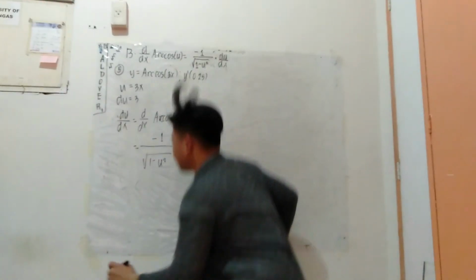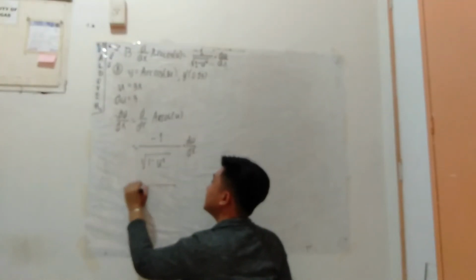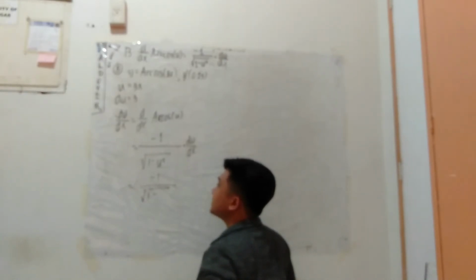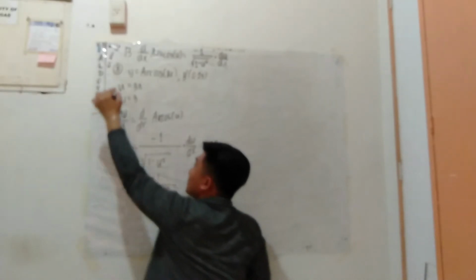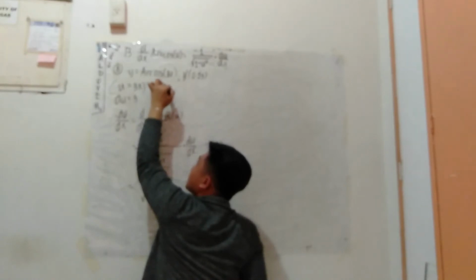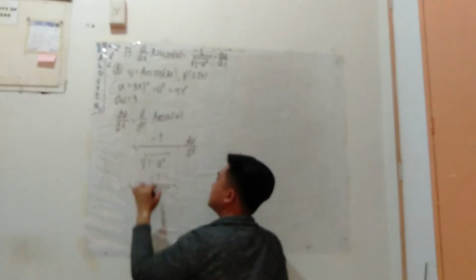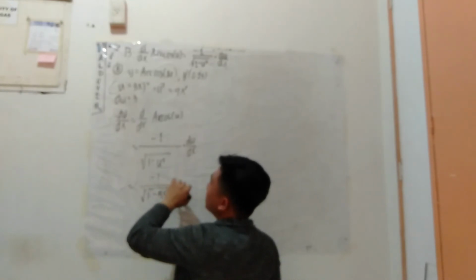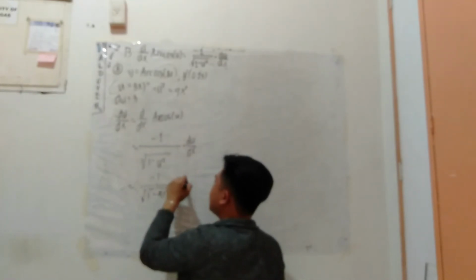Okay? So that is equal to negative 1 all over square root of 1 minus u squared. So kung i-square ko ito, u squared is equal to 9x squared. So 1 minus 9x squared, all multiplied by du/dx, which is 3.